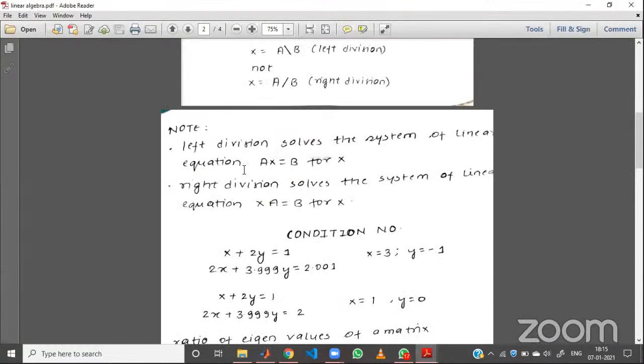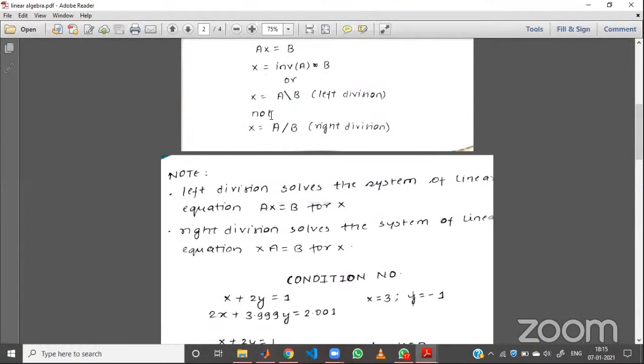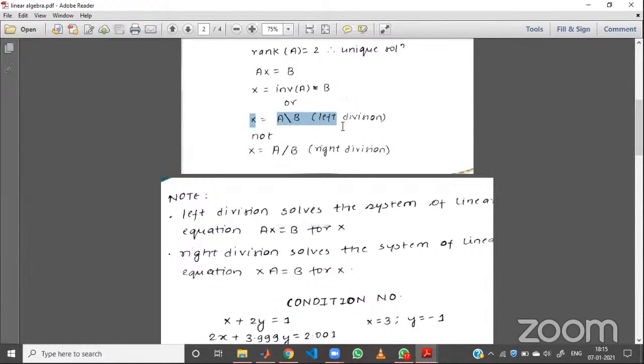So left division: inverse of A multiplied by B is the same as A backslash B, not A slash B. A slash B is known as right division. When do we do that?